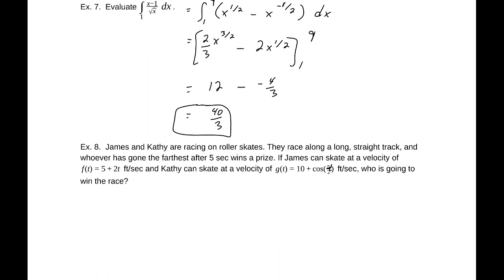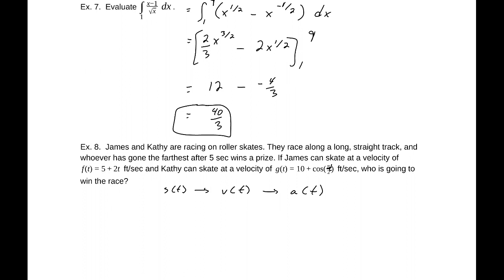All right, well, what we need to think of here is that s of t, the position function, if we take the derivative of that, that is our velocity. And the derivative of velocity is acceleration. And the derivative of acceleration is jerk, which we're not going to worry about. What we really want to know is how far they have gone. What we want to know is s of t. However, we know the velocity function.